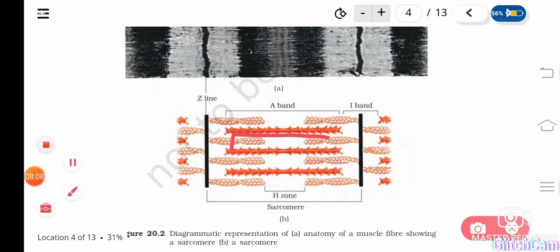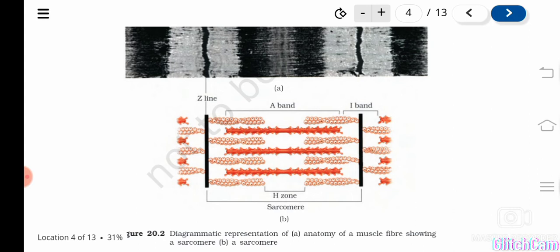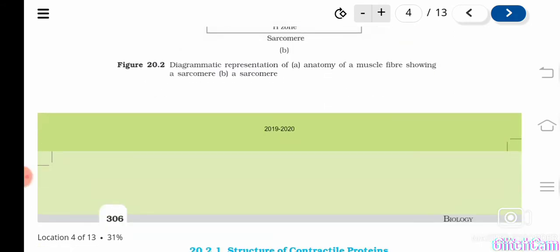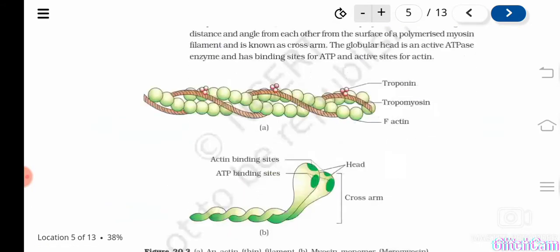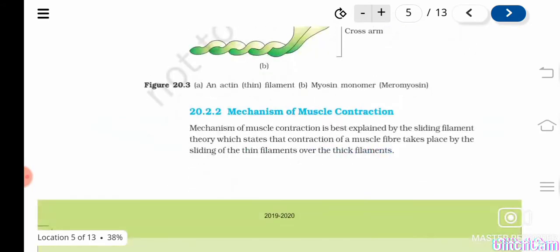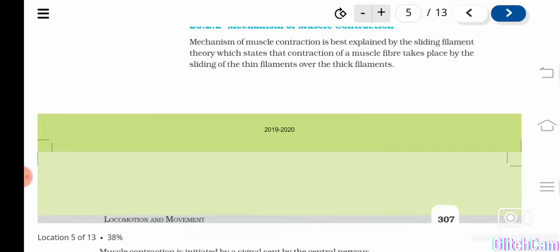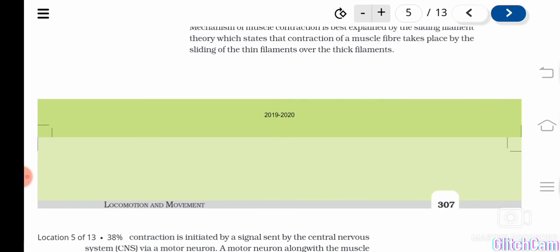You can see here, this is the A band and this is the I band, consisting of actin filaments. Understood? Now the sliding theory states that the sliding of thin filaments over the thick filaments brings the contraction of muscle fiber.